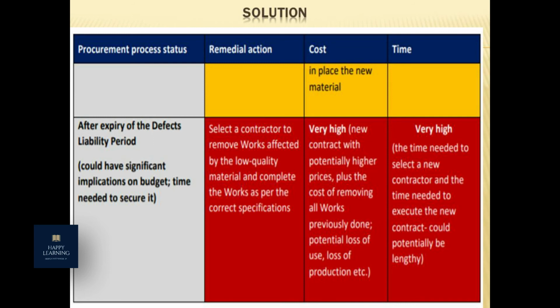The remedial action is to select a contractor to remove works affected by the low quality material and complete the works as per the correct specification. The cost would be very high: a new contract with a potentially higher price, plus the cost of removing all works previously done, potential loss of use, loss of production, etc.